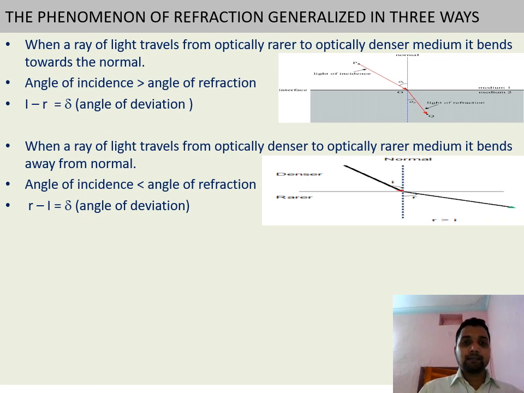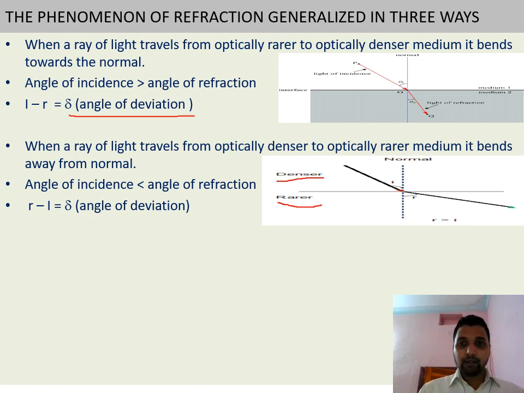Angle of deviation, denoted by the Greek letter delta. We have a triangle symbol, delta, for small change. This is the angle of deviation delta. Whenever light is passing from a denser medium, denser meaning where the speed of light is less, to a rarer medium where the speed of light is more, we get an angle of refraction.